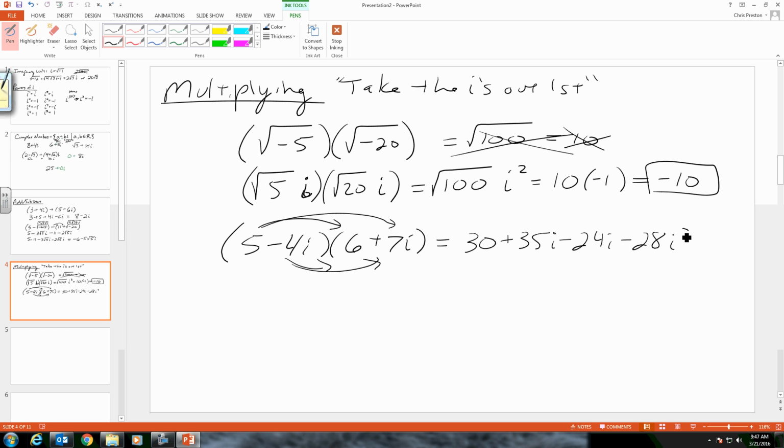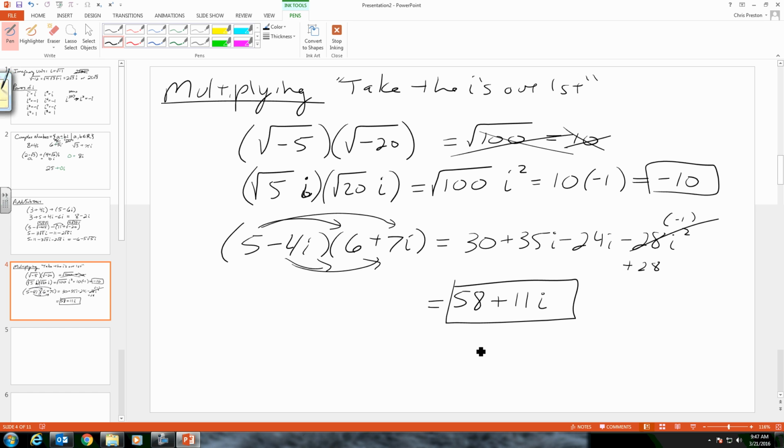And then you're going to say, well, i squared is really a -1. So -1 times negative 28 is a positive 28. So positive 28, positive 30, 58, and 35i minus 24i looks like 11i. And there we go. There's our answer.